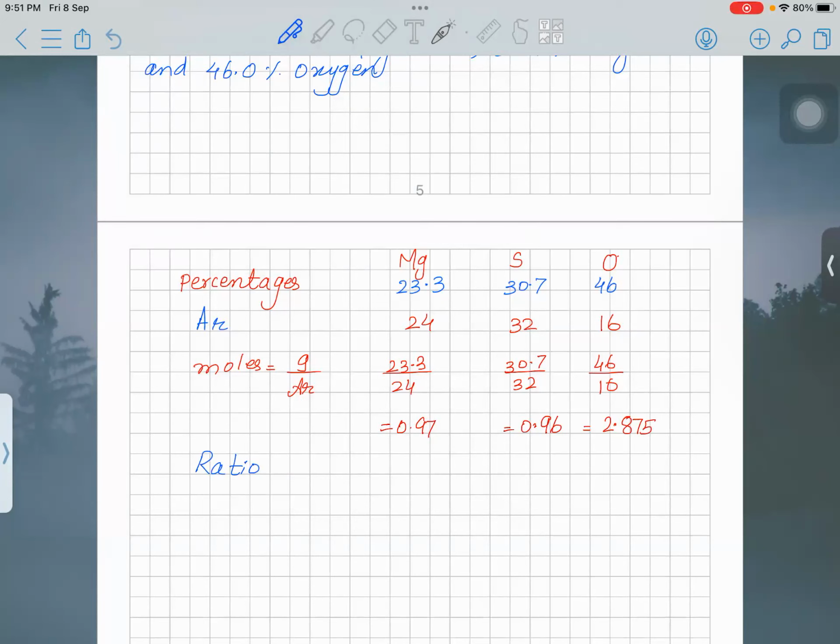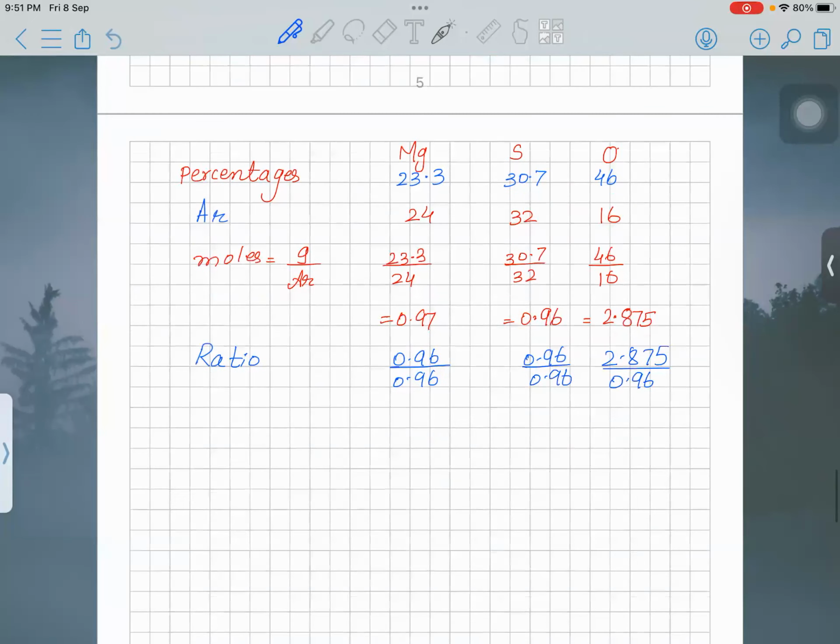Which one is smaller? 0.96 is smaller. 0.97 divided by 0.96 is 1.01, which is nearly 1. So that is 1.